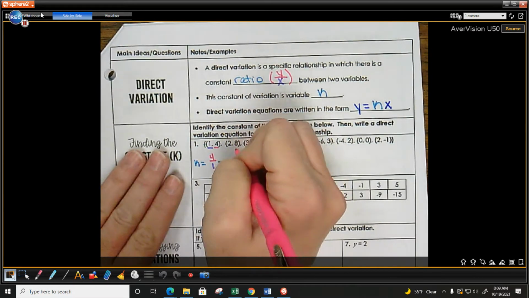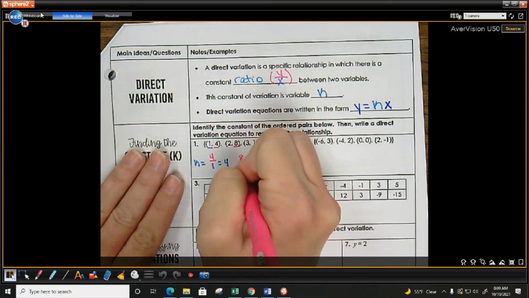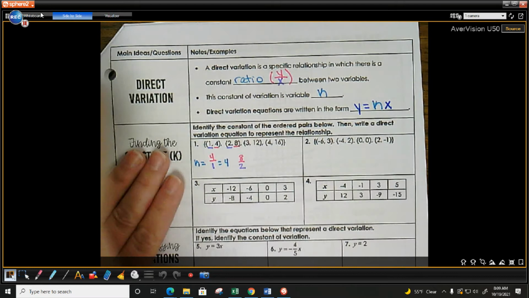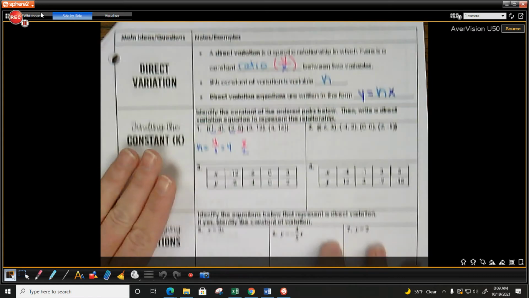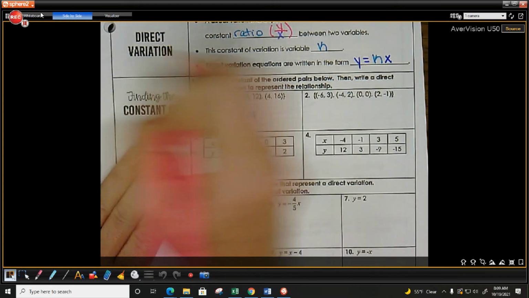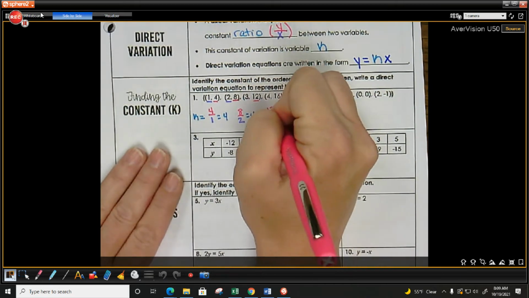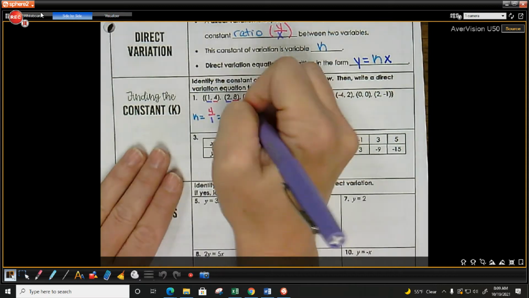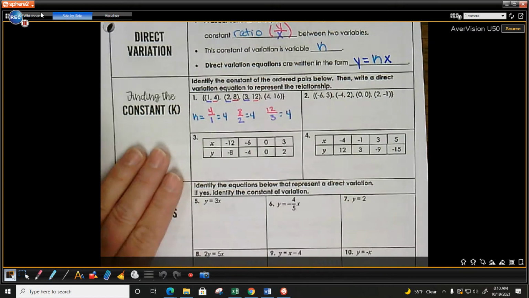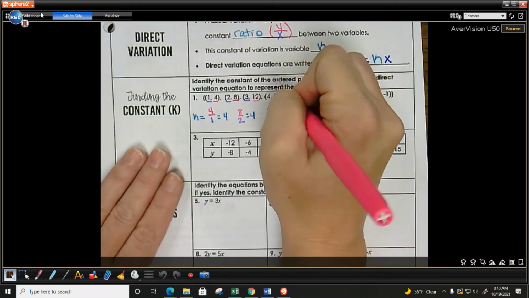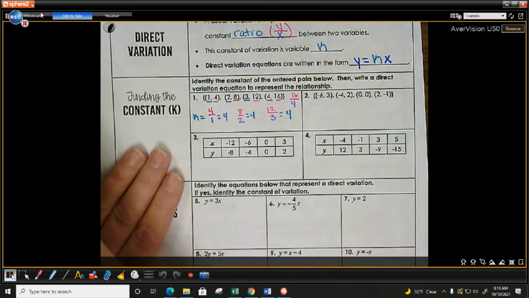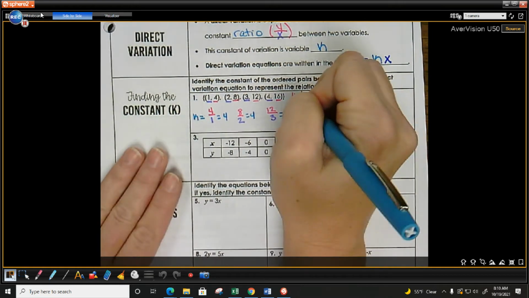Then let's try the next ordered pair, 8 over 2, y over x, because that's how you find your k, or your constant of variation. What's 8 over 2? 4. And then 12 over 3, which is 4. And then 16 over 4, and you get 4.